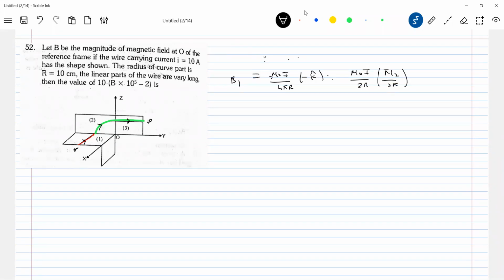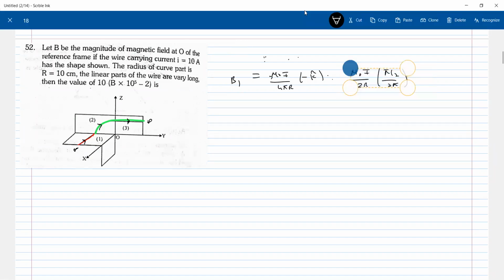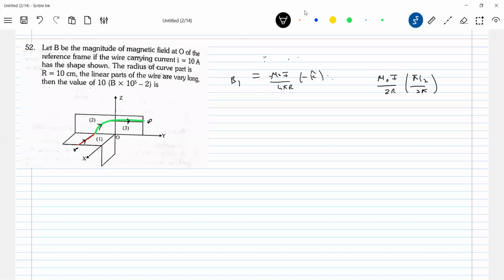This would be B1. Quarter circular arc. So what is the magnitude of that? It will be B2. Next, again, B3. Due to B3, it should be mu naught I by 4 pi r. It should be equal to minus I cap.